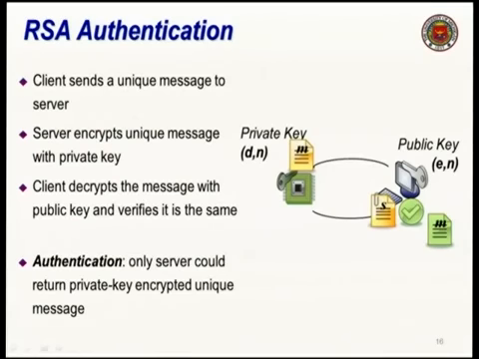That means the holder of the private key had to have encrypted this message. And if the private key hasn't been compromised, I'm indeed talking to my bank. And that's the process of authentication. One other interesting problem here is, how do you distribute the public keys?